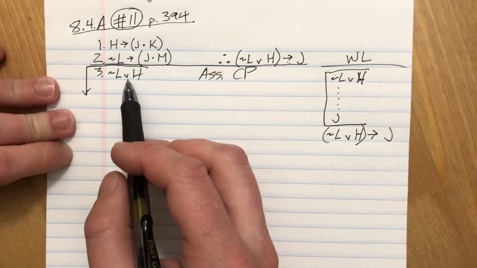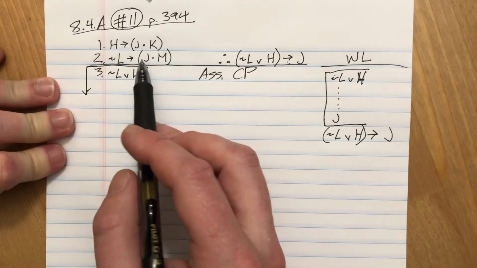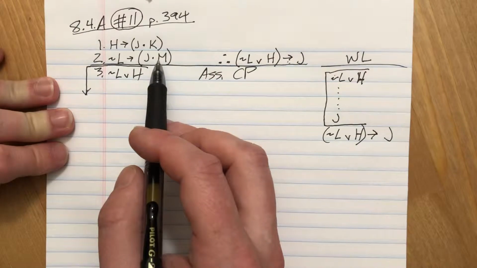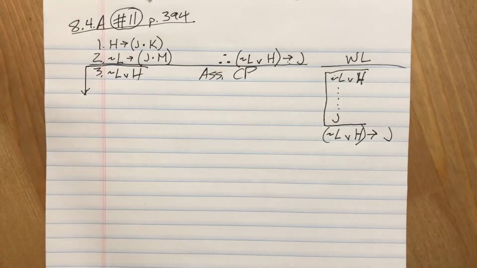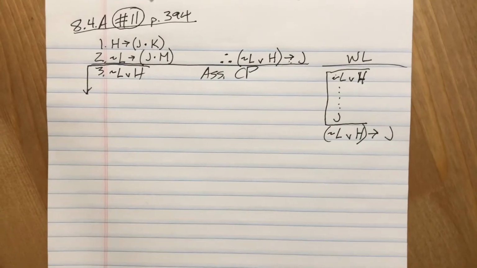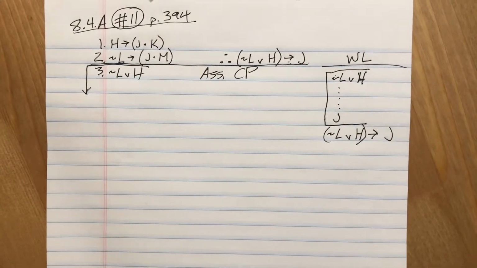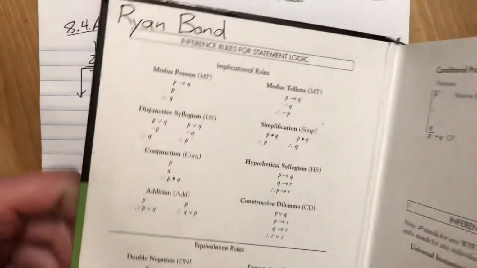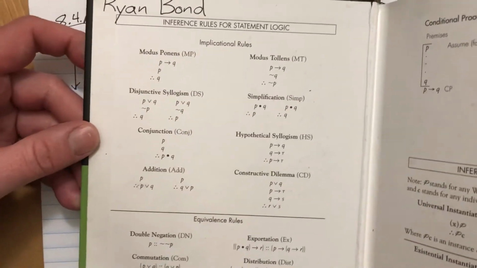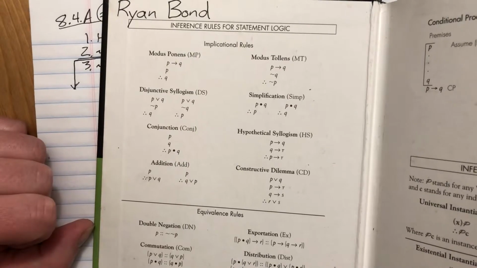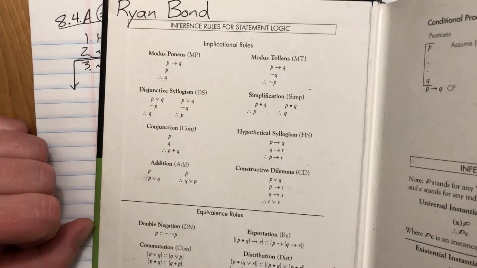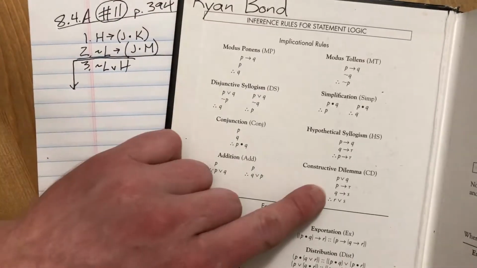Well, if you're not sure, you might look through your list of rules, and remember they're in the inside cover of your book. There are the implication rules, and which one might be useful here?